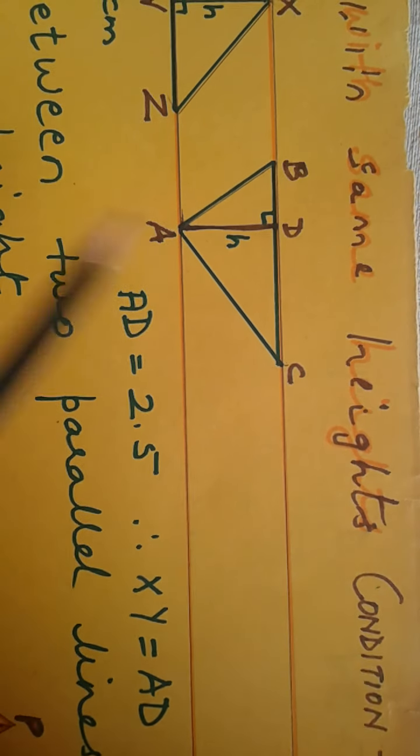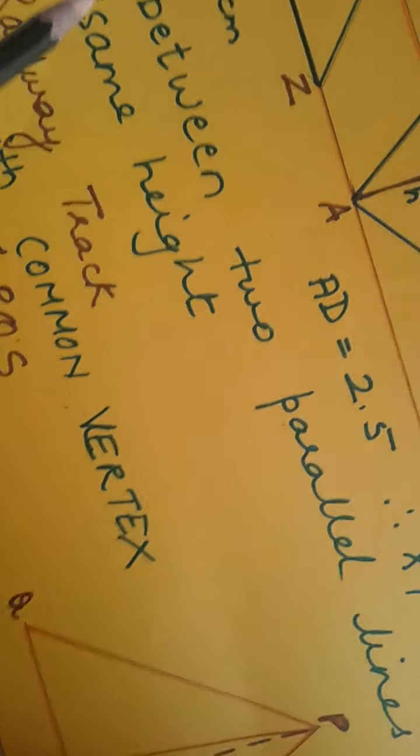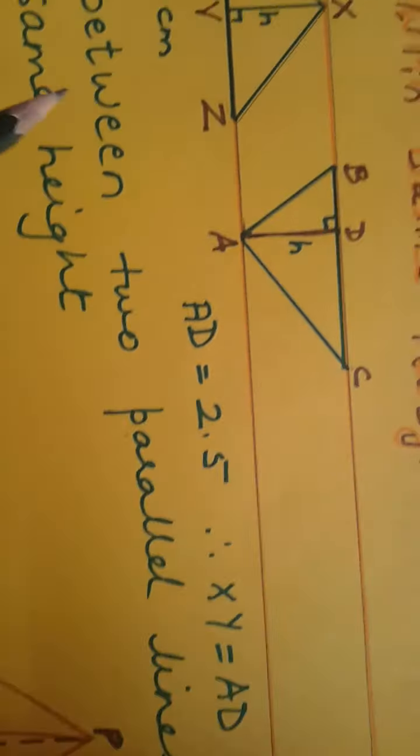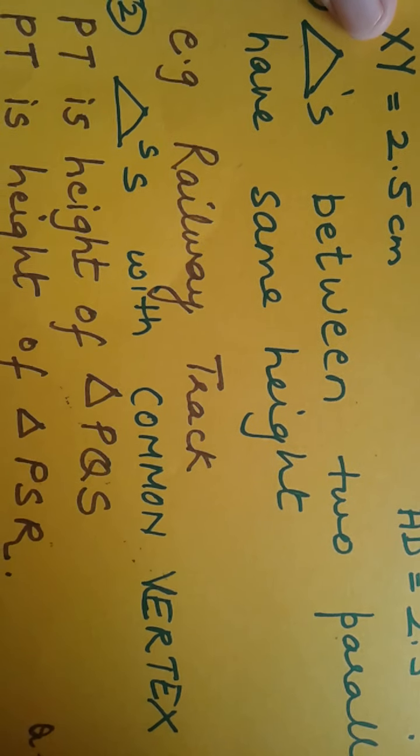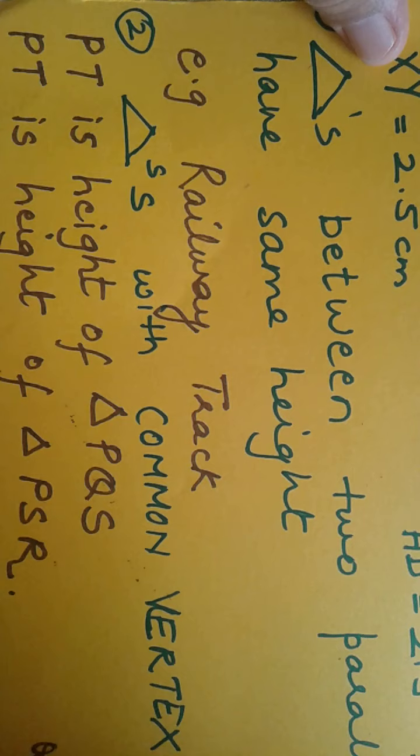So, when the triangles lie between two parallel lines, line L parallel to M, they have the same height. Example of railway track.